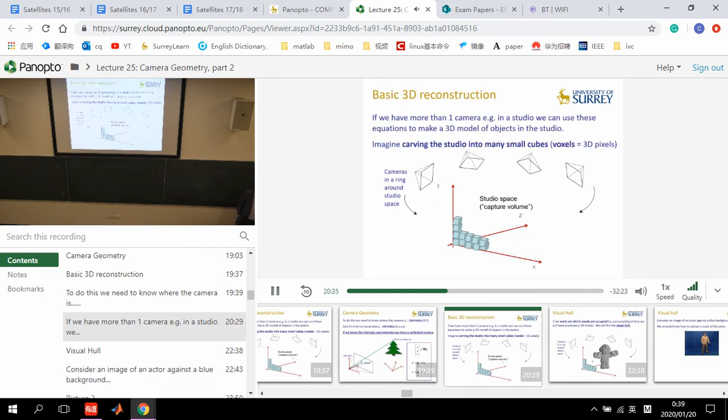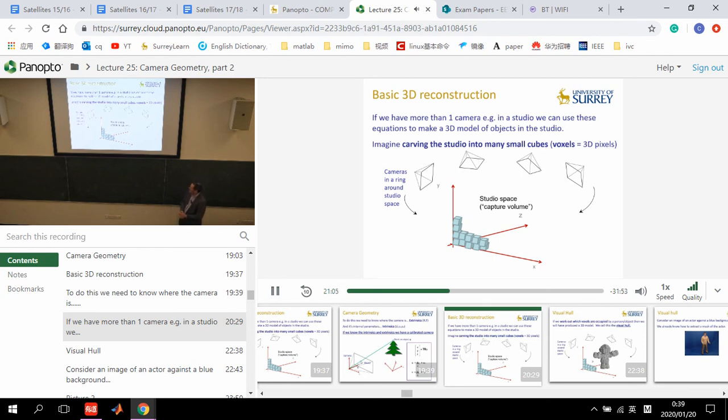Okay, so one question might be, well, what can we do with this math? Well, we're already at the point where we can start talking about a really useful application of this geometry, and that is to build a 3D reconstruction of an object. And excitingly, we have a real implementation of this here at the university in our centre, CVSSP. We have a big TV studio that we can build 3D reconstructions of actors performing in.